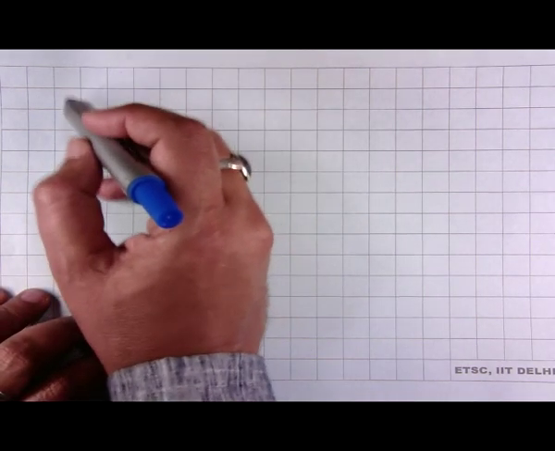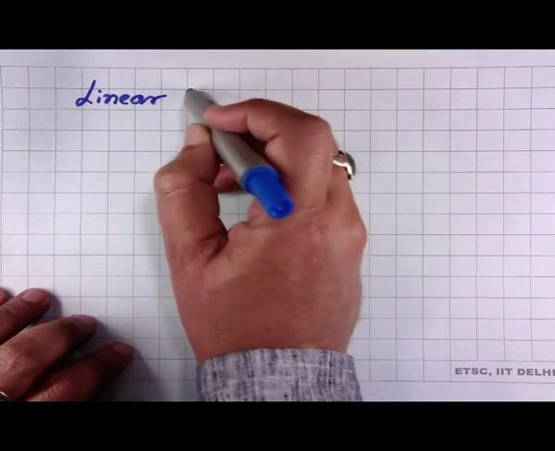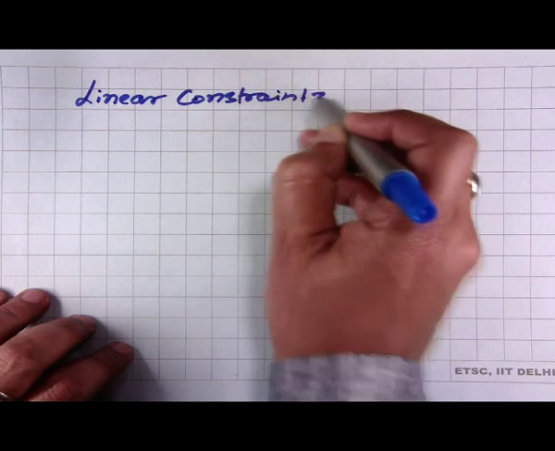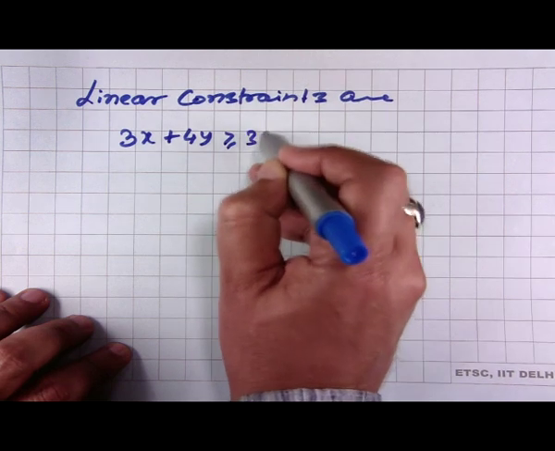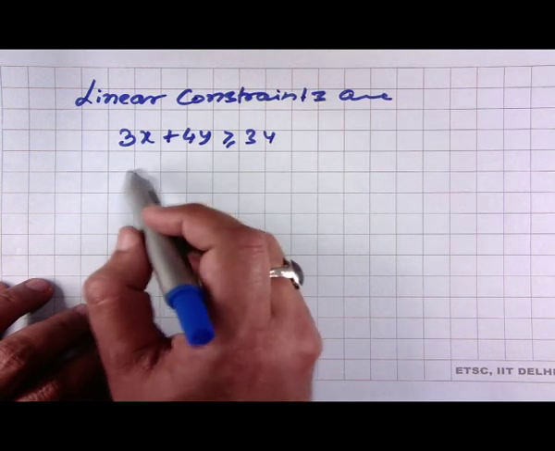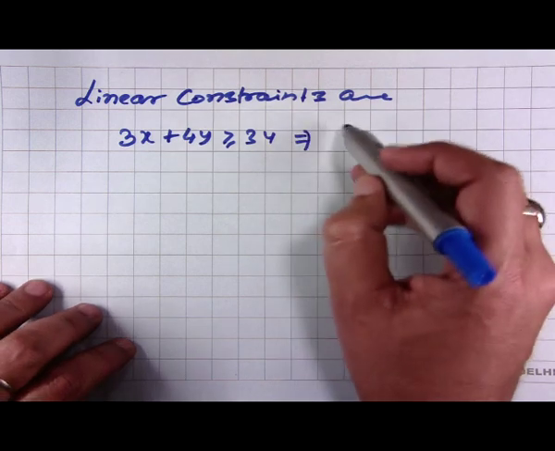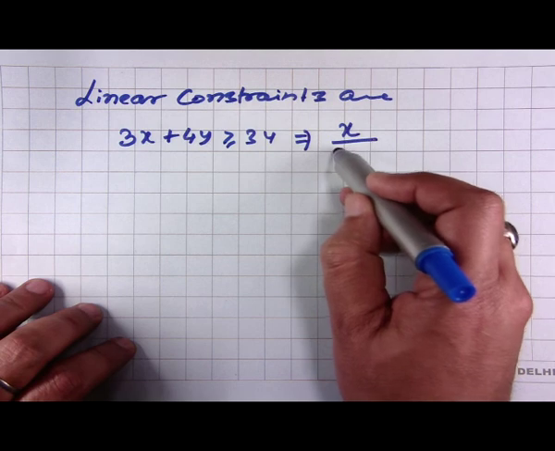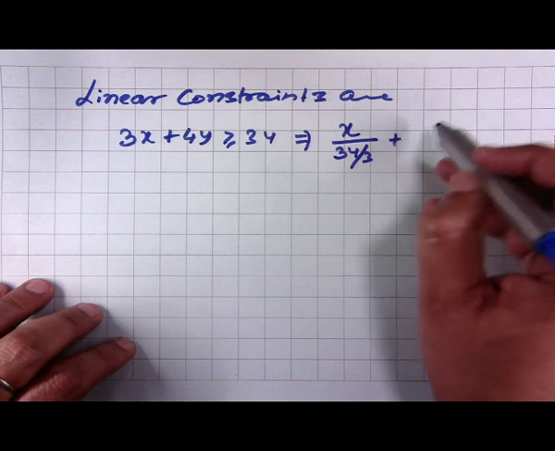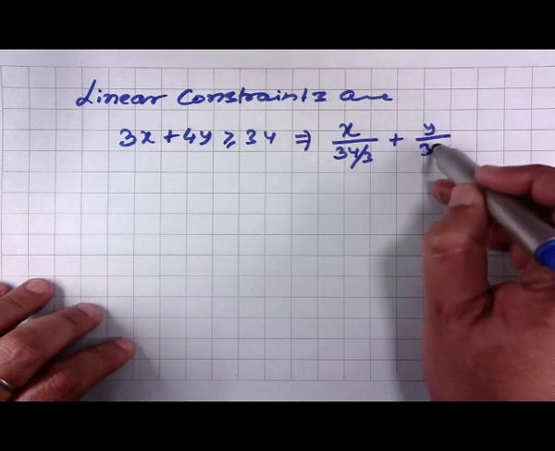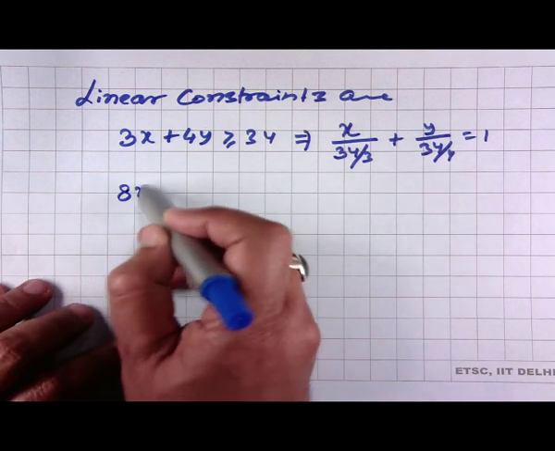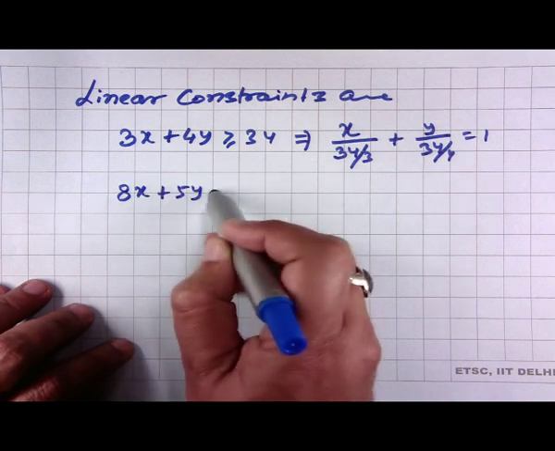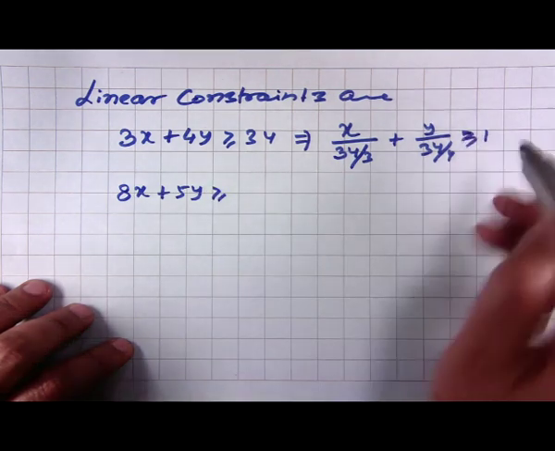Now, the linear constraints are 3x plus 4y is greater than or equal to 34, so x by 34 by 3 plus y by 34 by 4 equal to 1, and 8x plus 5y is greater than or equal to 68.